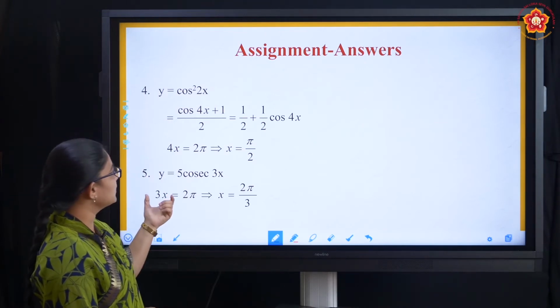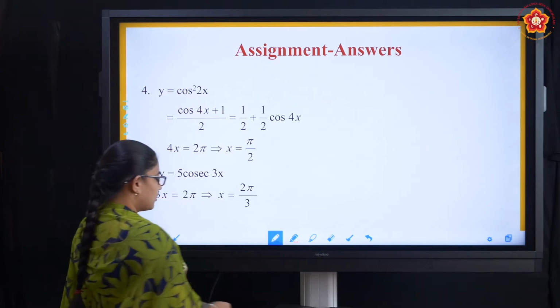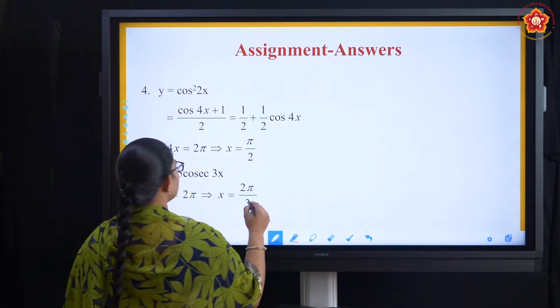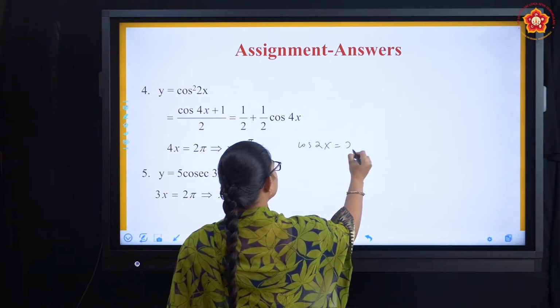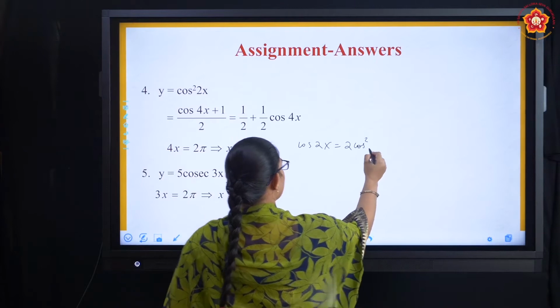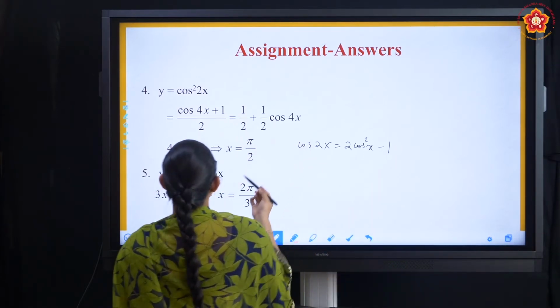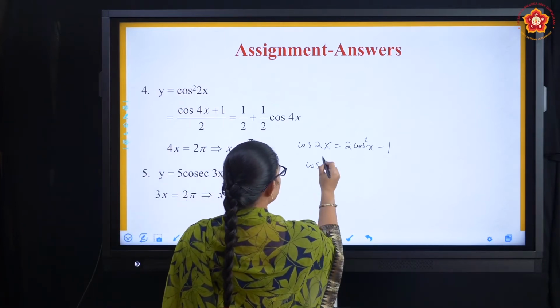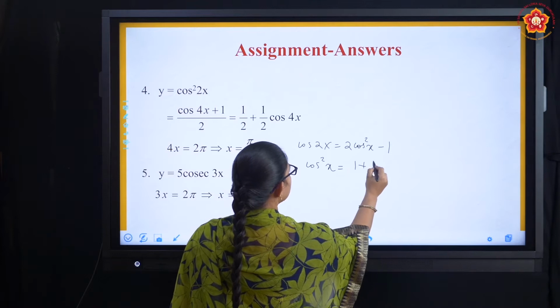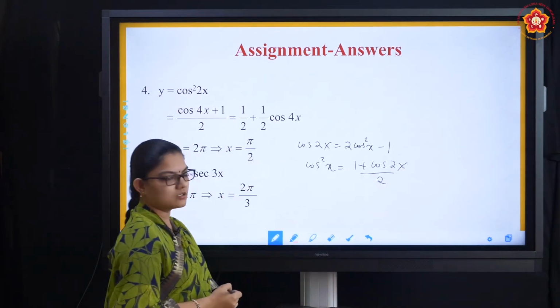Next we have y is equal to cos square 2x. Here we have to make use of the cos 2x formula, where we know that cos 2x is nothing but 2 cos square x minus 1. And what is cos square x? So cos square x is nothing but 1 plus cos 2x by 2, correct?